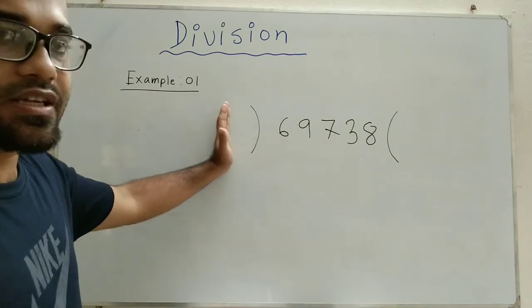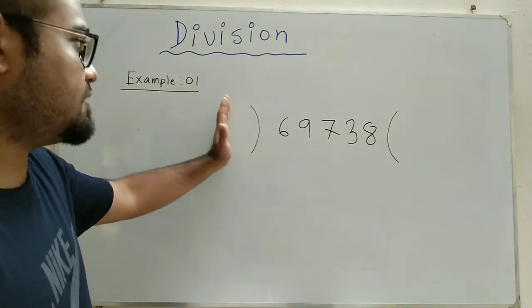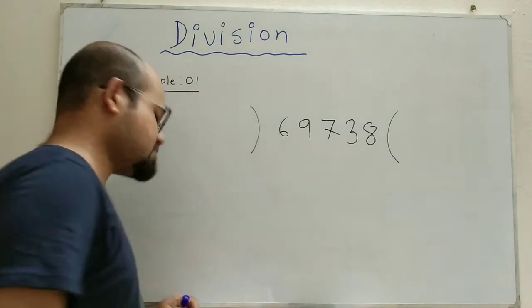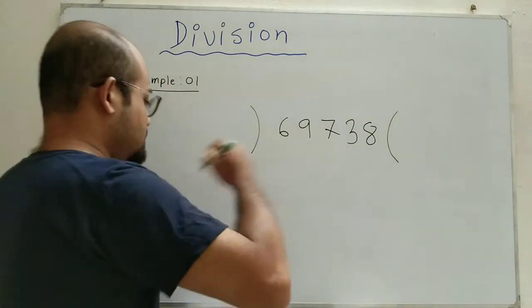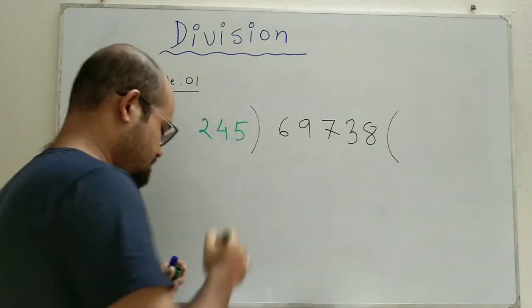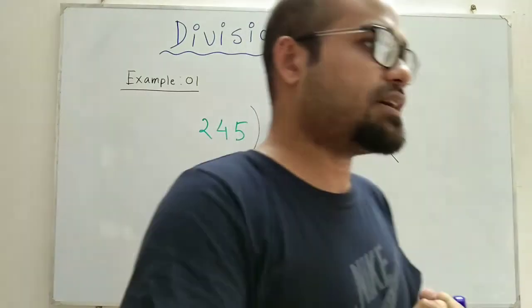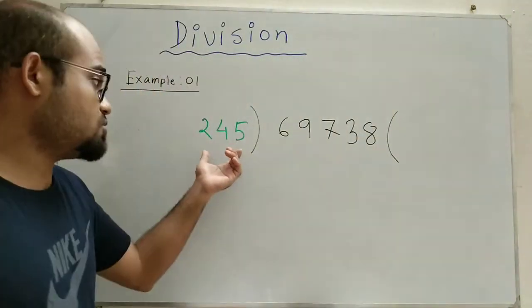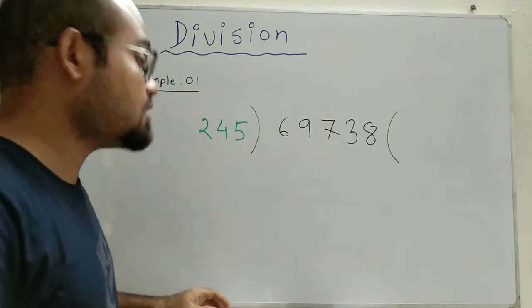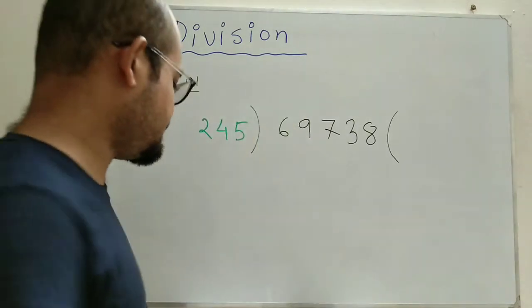On the left side of our first inverted bracket, we will be putting our divisor. What is our divisor? Our divisor is 245. Now if I turn my attention to the divisor, we find that it consists of 3 digits, 2, 4 and 5.